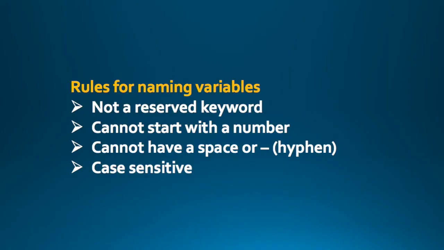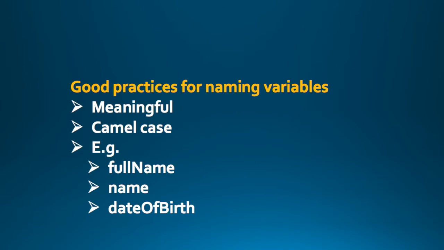So just to recap, the rules for naming variables: it should not be a reserved word, which means it cannot be a word that is used in that language; it cannot start with a number; it cannot have a space or hyphen; and the names of variables in JavaScript are case sensitive, as we saw. And the good practices for naming variables: one, it should be meaningful.